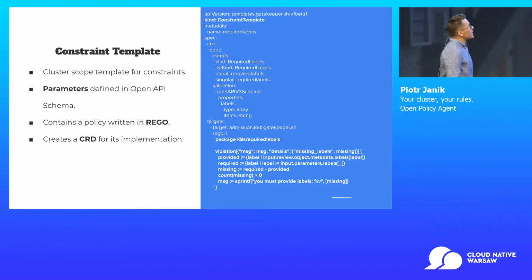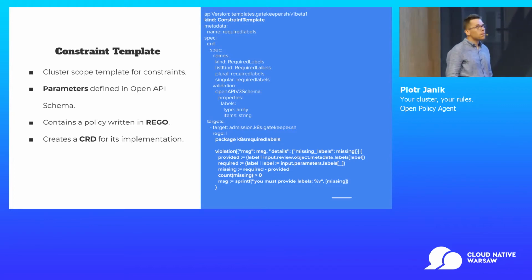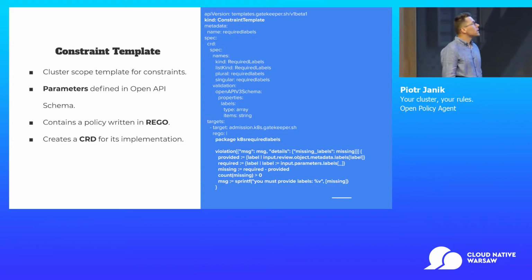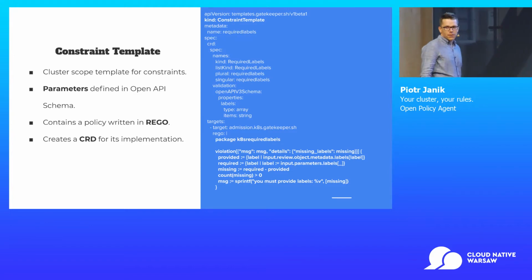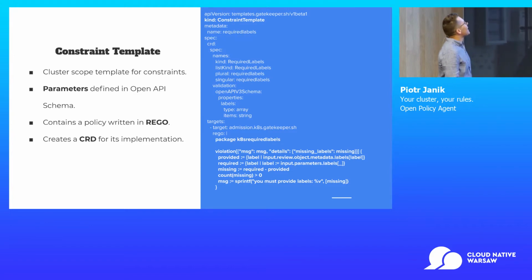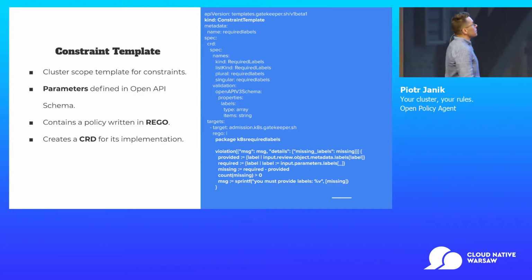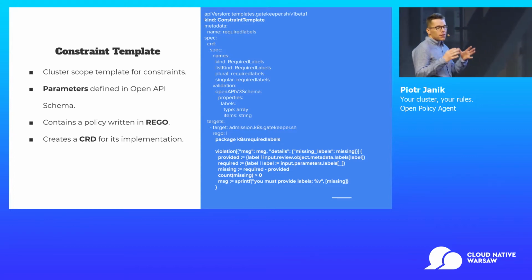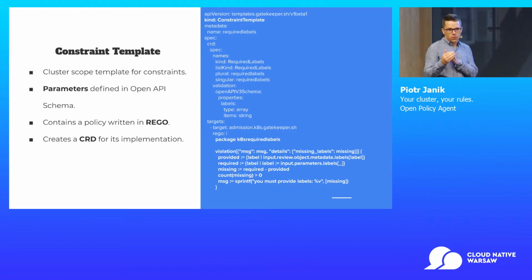So you need to know Rego to build these policies, but actually they can be quite small. And Rego is fun, believe me. Okay, so what do we have here? There are parameters. We define a template for future constraints.